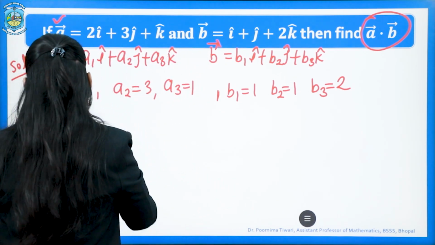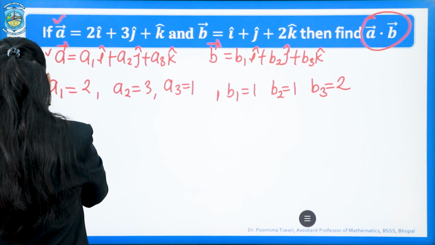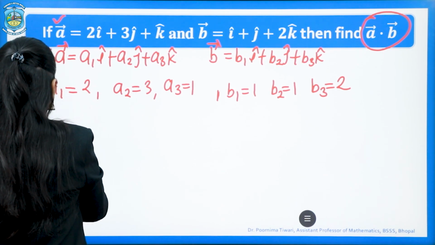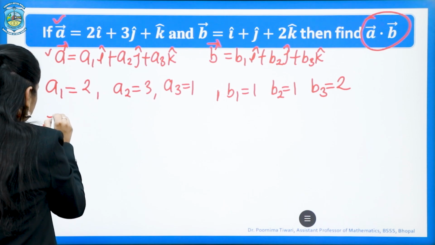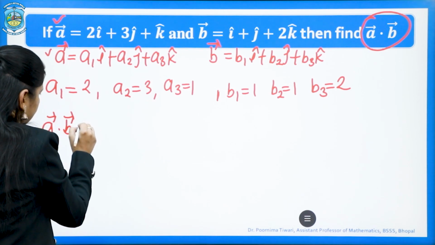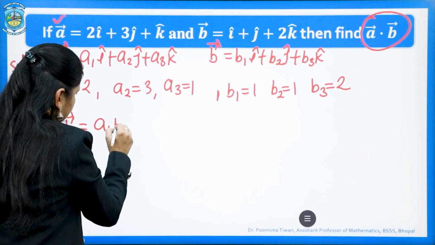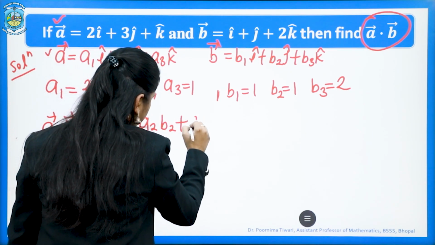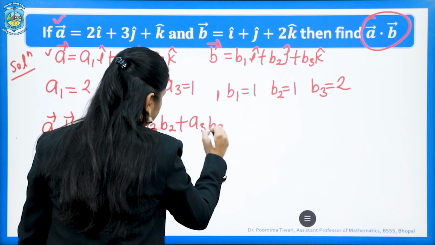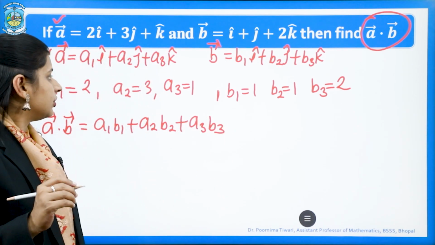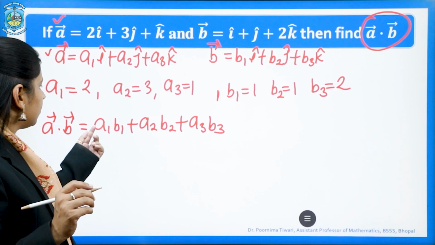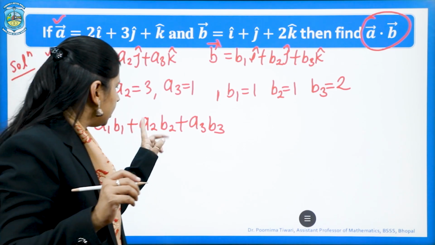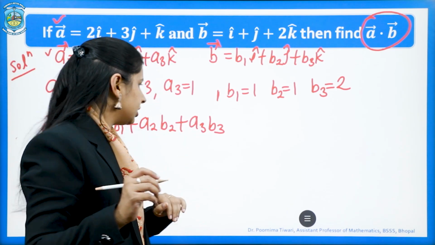Now, we will apply this formula for the product of two vectors. A dot B is A1 B1 plus A2 B2 plus A3 B3. So, we will substitute the values of the coefficients A1 B1, A2 B2 and A3 B3.